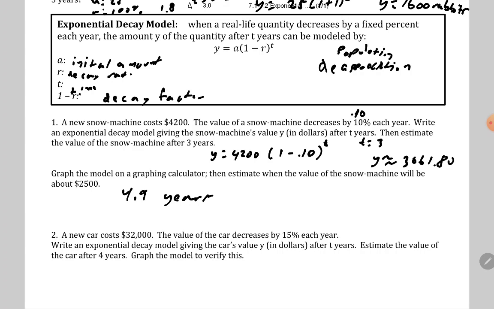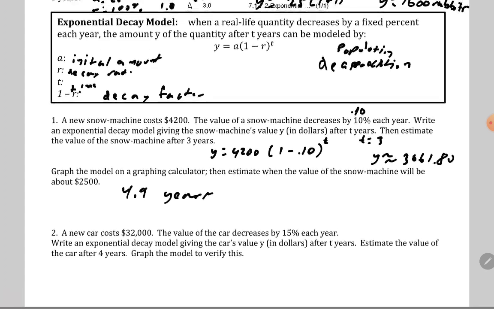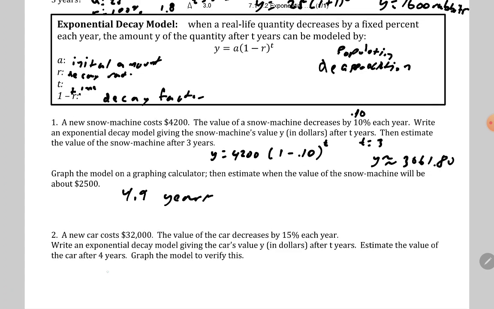A new car costs $32,000. The value of a car decreases by 15% each year. Write an exponential decay model and then estimate the car's value after 4 years. So this will be y equals 32,000 times 1 minus 0.15, this is decay.